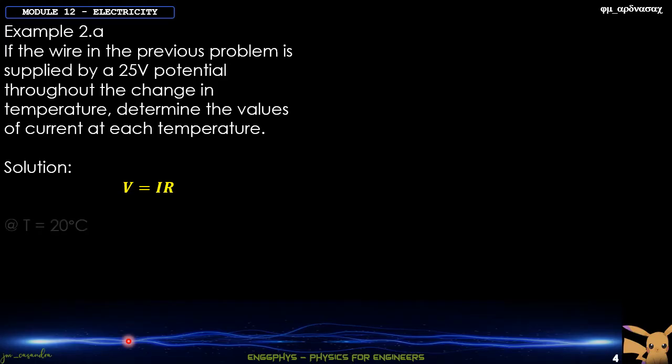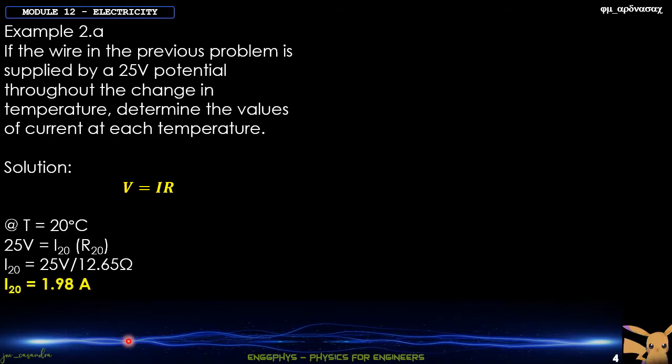At a temperature of 20 degrees Celsius, we have our resistance computed at 12.65. Computing the current of our circuit at 20 degrees, the current is 1.98 amperes. For the temperature at 35 degrees, we have computed that the resistance is 13.37.